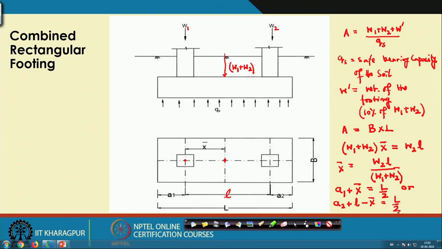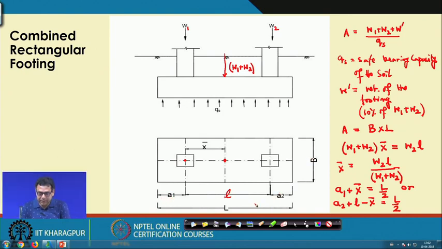So, now we have the unknowns A1, A2, L, B. Okay. So, how can I determine these unknowns? Because x bar I can calculate, since L is known, W1 is known, W2 is known. So, I know the x bar.